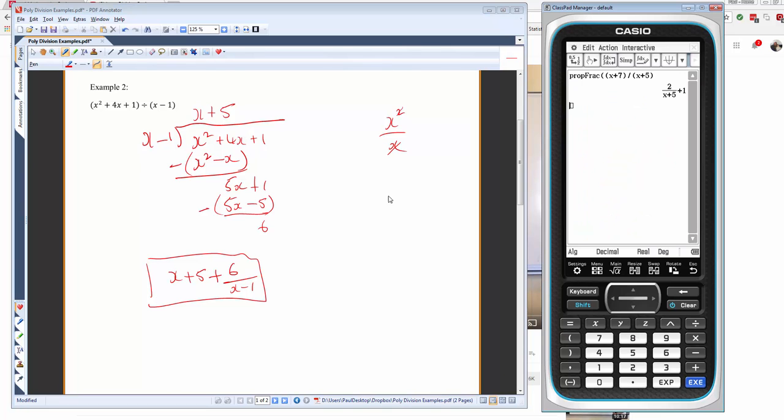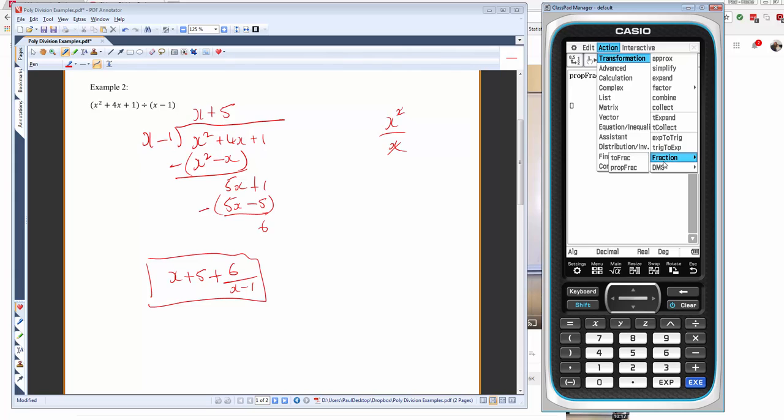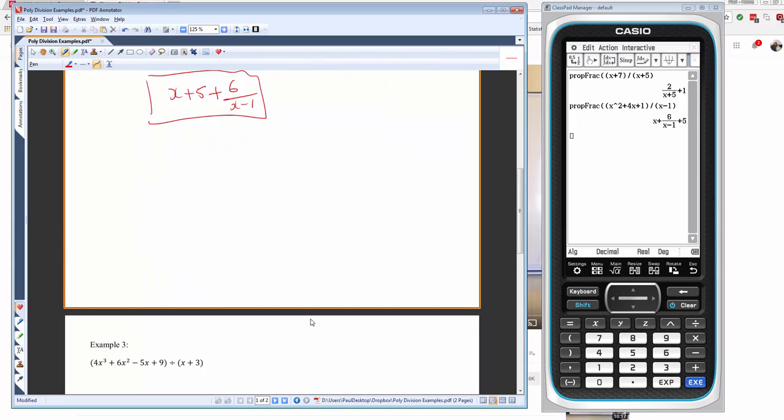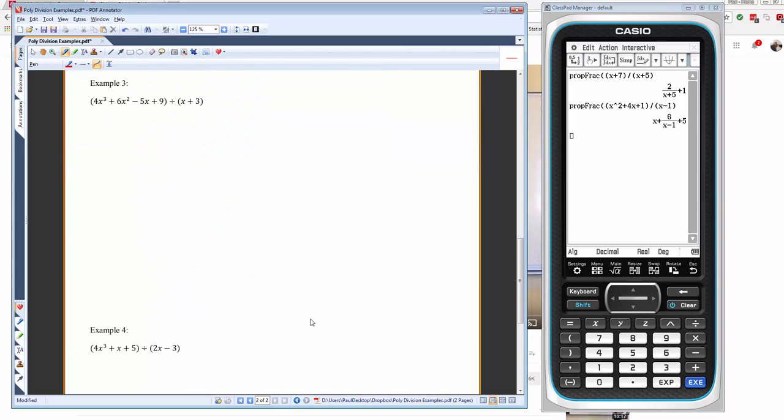Again, let's just check that on the calculator. So we'll go action, transformation, prop frac, and we've got x squared. Don't forget your brackets here, they're important. And we're dividing by x take 1. And we've got x plus 5 plus 6 over x take 1. So we were right. Alright, on to this problem here.